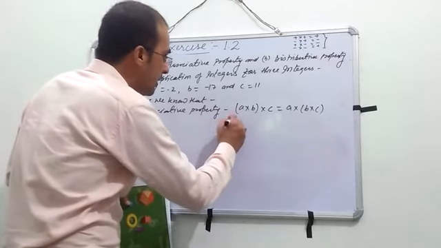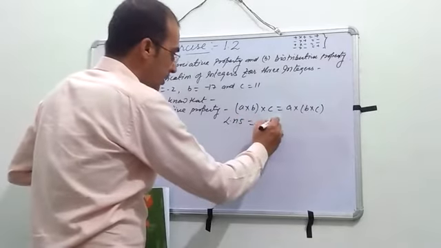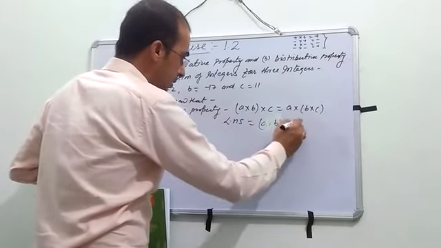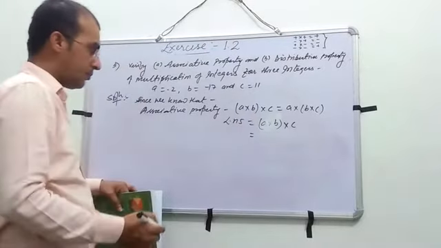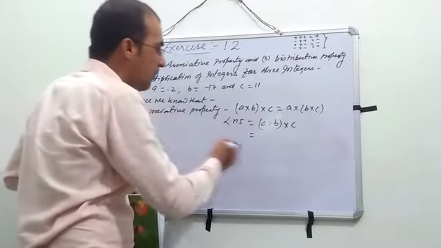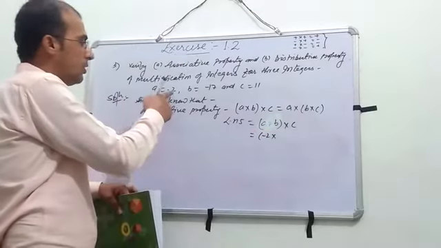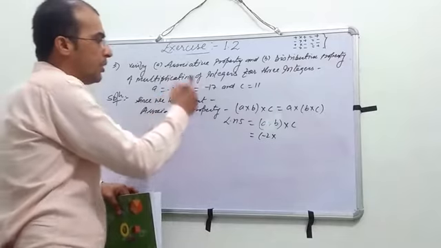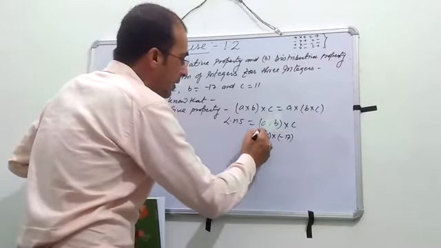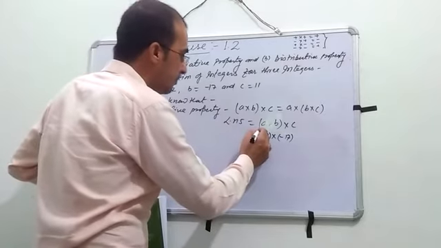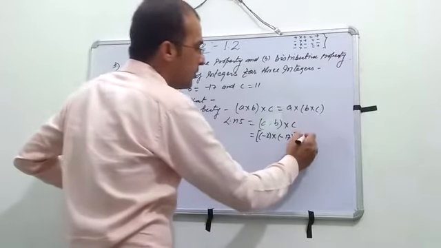So you can take LHS equal to A cross B cross C. What is the value of A? Value of A is -2, so -2 into. What is the value of B? B equal to -17. So you will write in brackets into C. What is C?